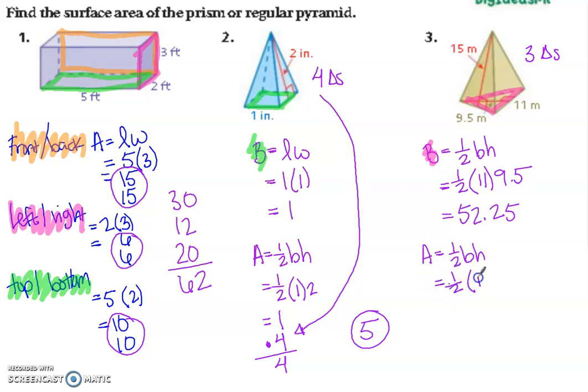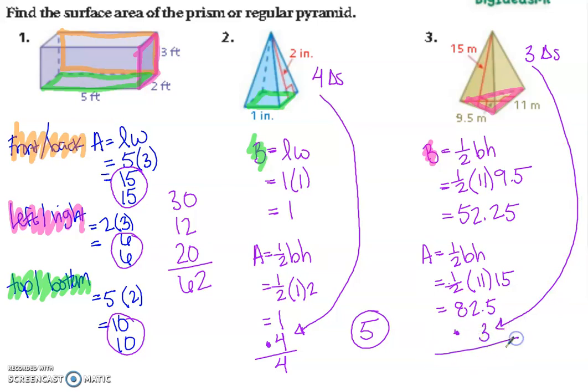The base is still 11, but this time the upright height is 15. I'm going to use a calculator again. 11 times 15 divided by 2 is 82.5. And like we said before, there are 3 congruent triangles in this picture, so I'm going to multiply. 247.5.